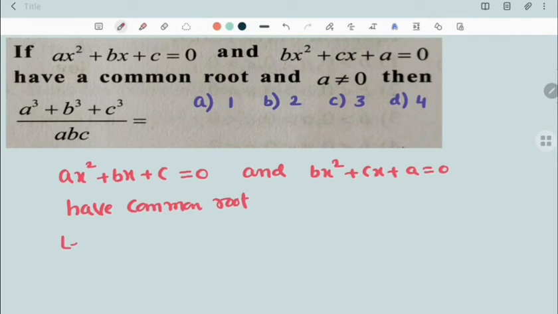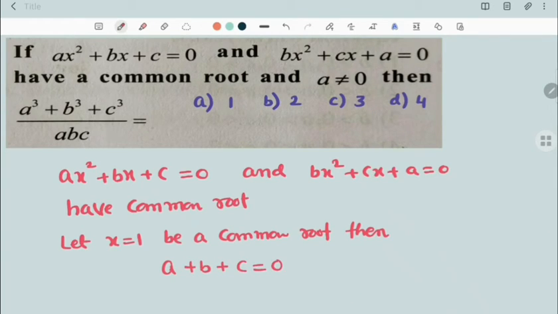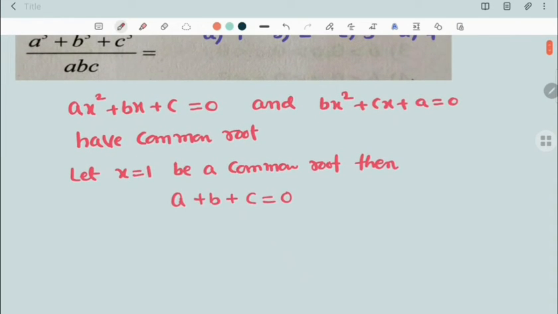Let us assume that x equal to 1 is the common root. Then we have a plus b plus c equal to 0. Even here also b plus c plus a equal to 0. So ultimately there is a plus b plus c equal to 0.